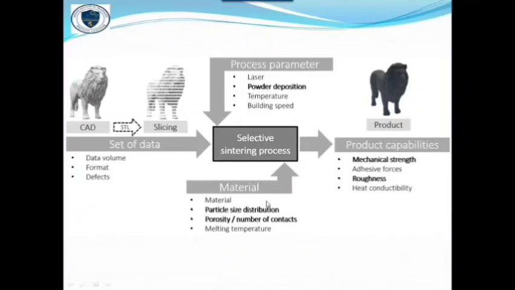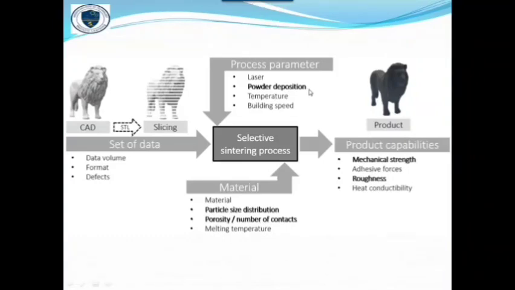Materials means we can use nylon, or aluminum, or else metals. Lots of types of metals are used in this technique. Next we'll move on to the process parameters. Without the process parameters we can't carry out the working principle of any technique or system. Through the process parameters we need to know about the laser, the laser source, what gases we have to use, and the powder deposition.